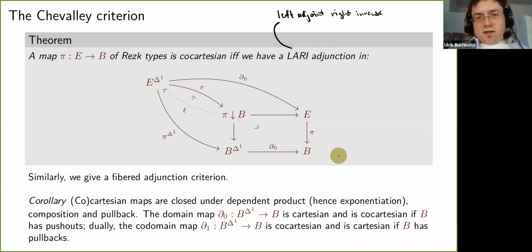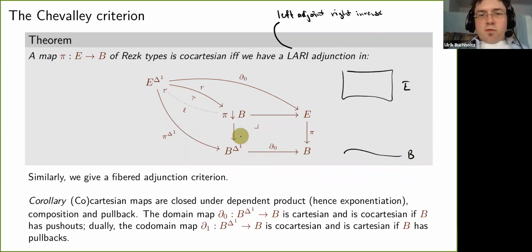So you have this pullback corner, and again in the picture, you have E and B, and this pullback represents a directed path in the base together with a chosen lift of the left endpoint. And this left adjoint to the map that takes an arrow in the total space and just returns this information, the left endpoint and what it's lying over. This left adjoint will be the co-Cartesian lifts. This is L of UE.